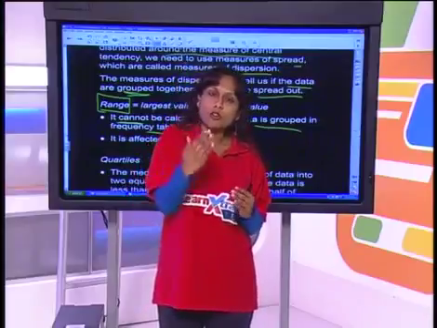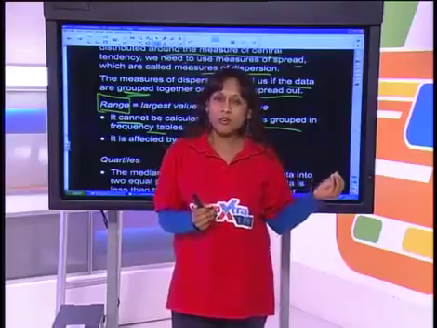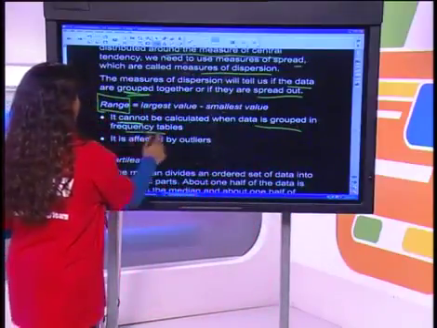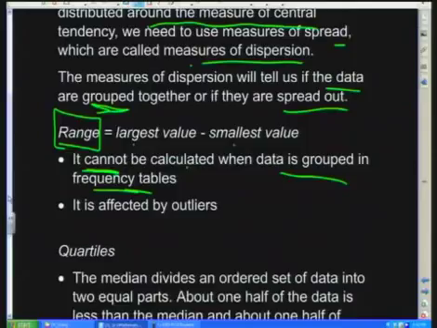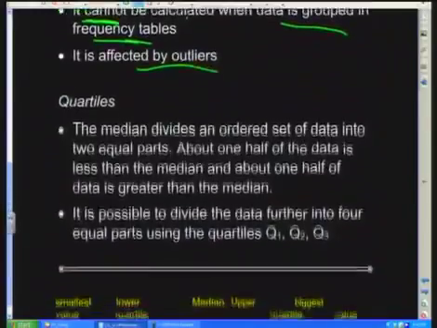So we don't know what the maximum value is, we don't know what the minimum value was, so therefore we cannot work out the range from a frequency table. The range is also affected by outliers, so if you've got some very big value or some very small value, that's going to distort your range.